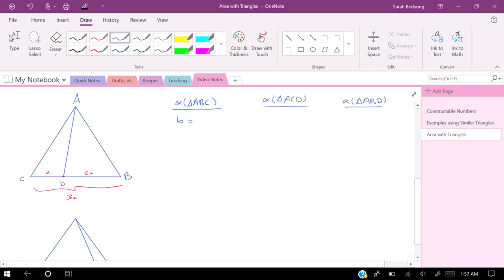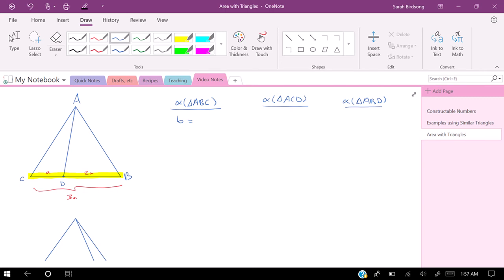Now, when we compare these three triangles, we notice that all three of those triangles have a side that at least lies on part of the line segment BC, which means the common or shared base that we want to grab is going to be that line segment BC, or at least some part of it.